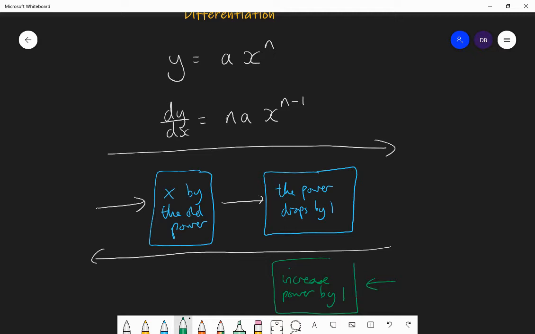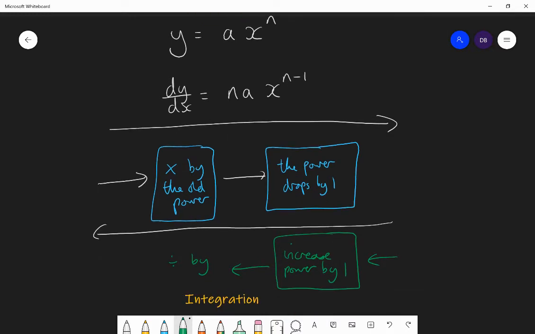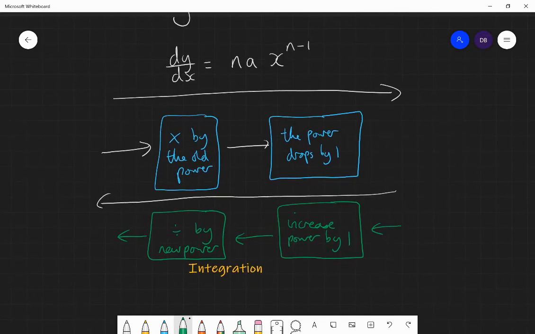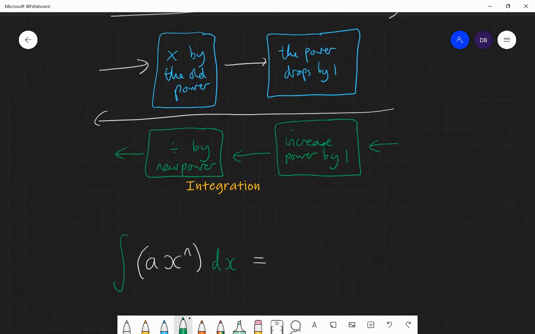And then after that, we divide by this new power. So that, in essence, is what you do when you integrate. You increase the power by 1 and you divide by the new power, and then you've got your new expression.